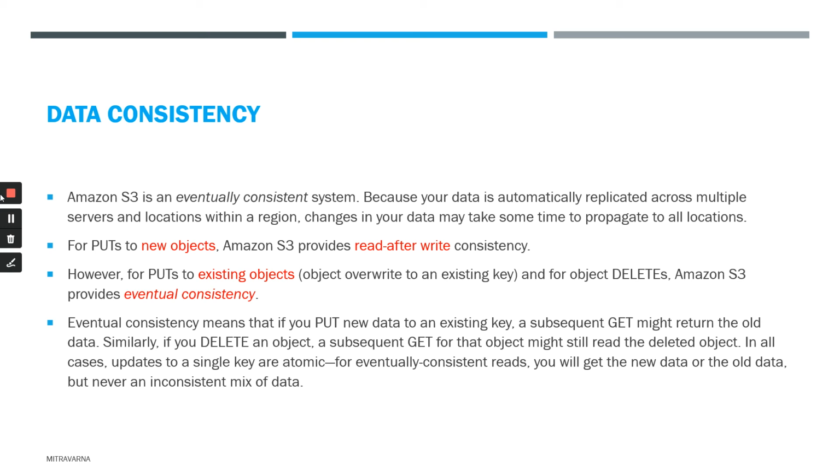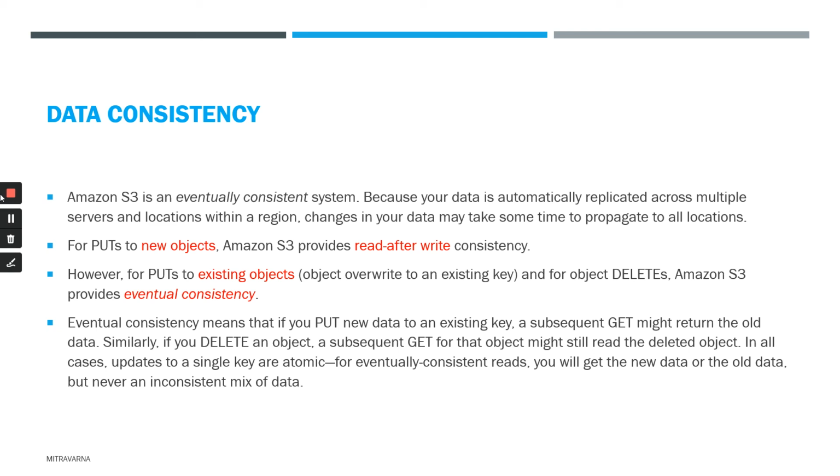However, for puts on existing objects and for object deletes, Amazon S3 provides eventual consistency. Eventual consistency means that if you put new data to an existing key, a subsequent get might return the old data. Similarly, if you delete an object, a subsequent get for that object might still read the deleted object.